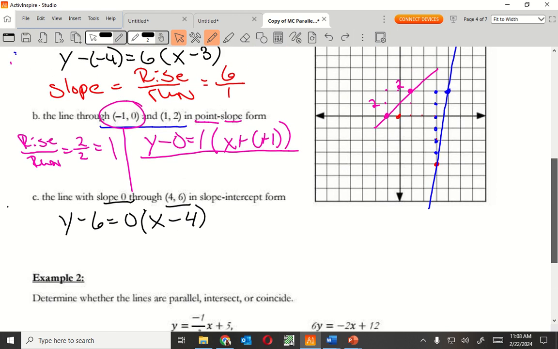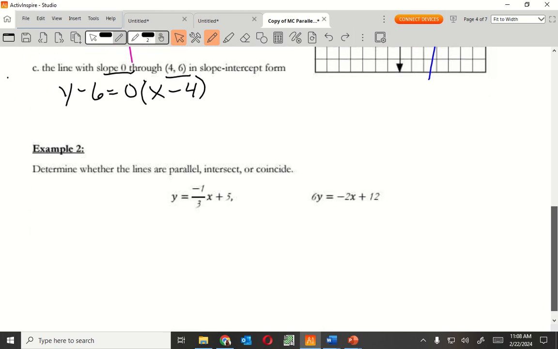Okay, let's see. So let's go ahead and do the rise over run. So my slope, rise over run. When we talked about this yesterday, my slope is 0. So where's my 0 going to end up? Is it going to be my rise? Is it going to be my run? Right.